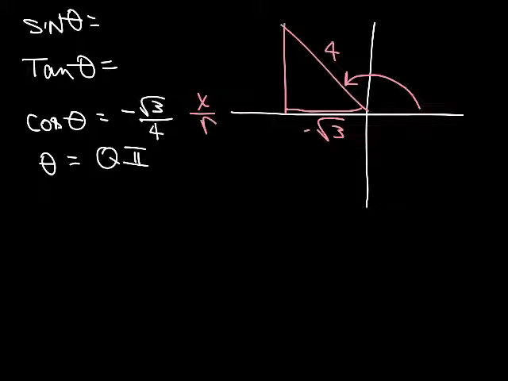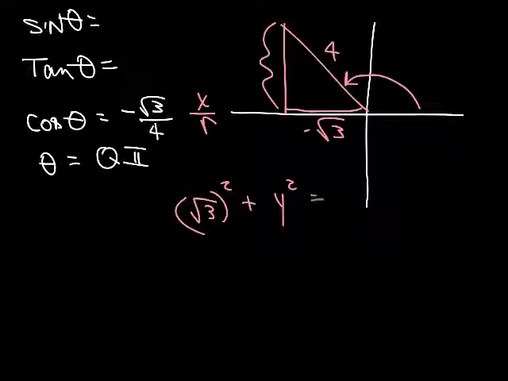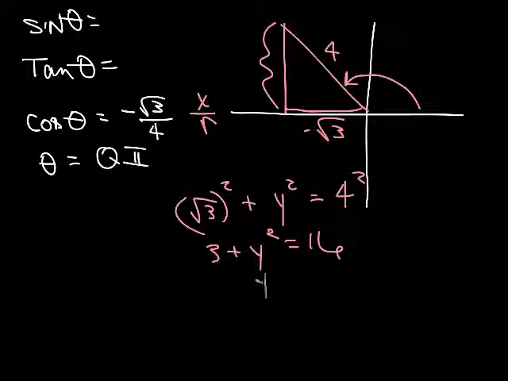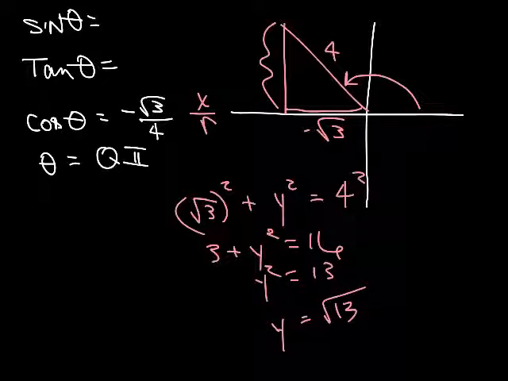Now, I need to find the length of this based on that information. So I can take square root of 3 squared plus y squared, which is what this is, equals 4 squared. So I get 3 plus y squared equals 16, y squared equals 13, y equals the square root of 13.